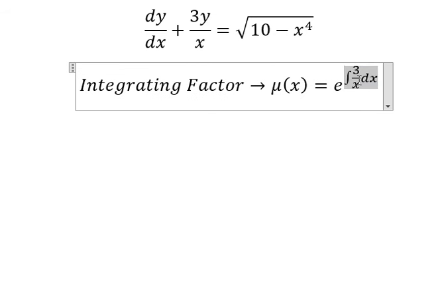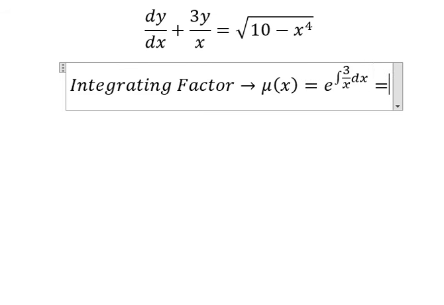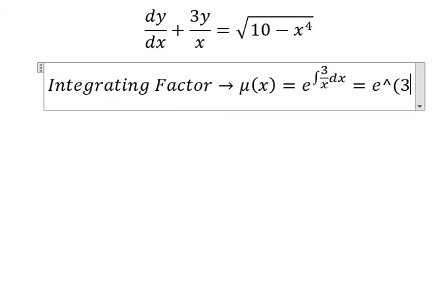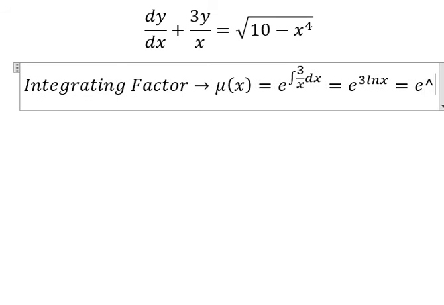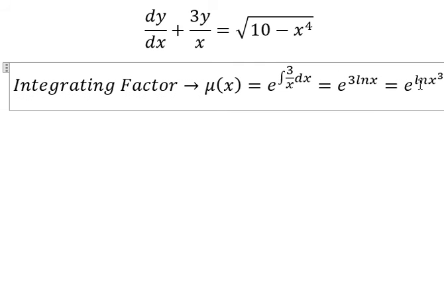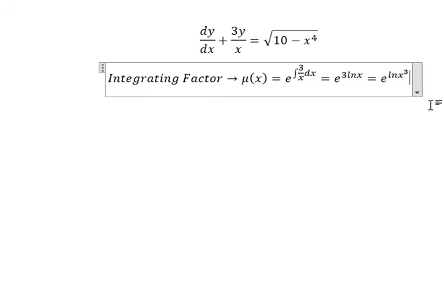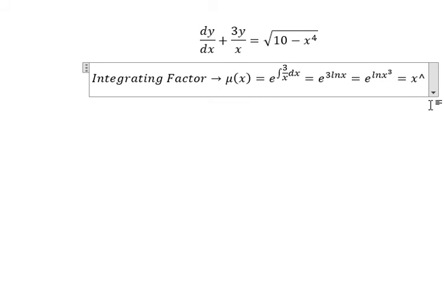So the integral of this one, we have e to the power of 3 ln s, and the number 3 goes inside the natural log here. And this one, we have s to the power of 3.